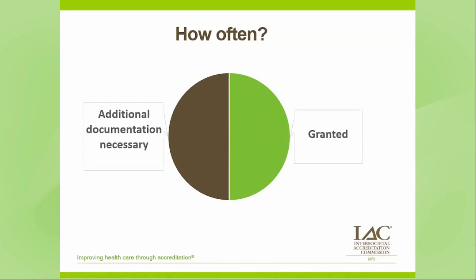If your facility is asked to provide additional documentation once the application review process has been completed, know that you're not alone, and in most cases, it's not as bad as it may seem at first glance. Also, once the documentation that's been requested is submitted, it'll be reviewed within about 5 to 10 business days, and your facility will be notified of the outcome of that review at that time.